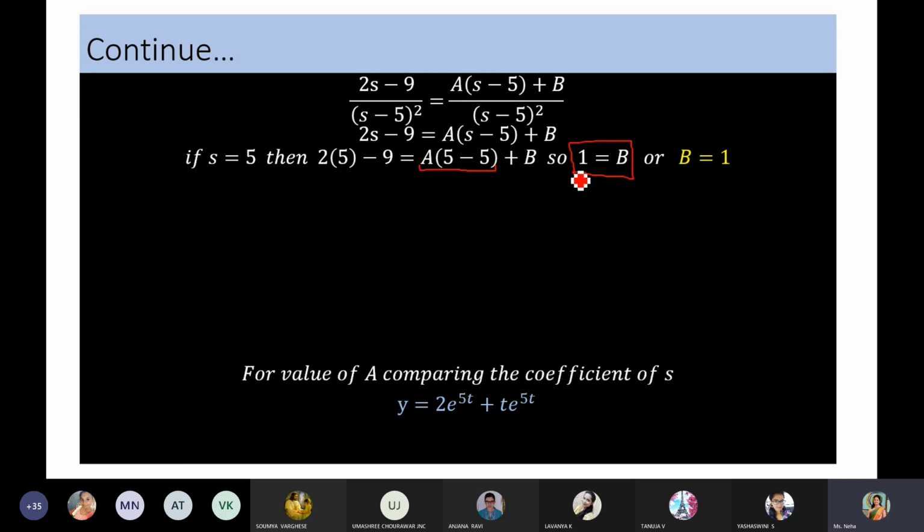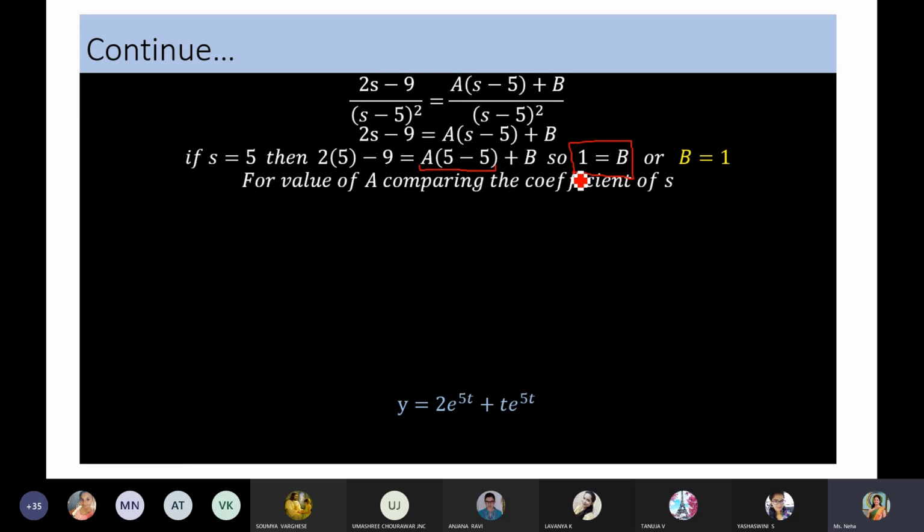Now in order to find out the a value, we will just compare the coefficient of s. You can solve it any way. You can compare the constant, you can compare the coefficient, or you can substitute the value, anything which is comfortable for you. So for the value of a, I have compared the coefficient of s.